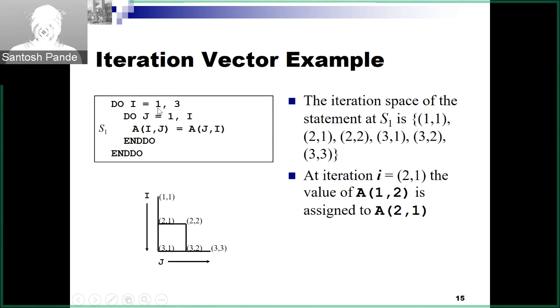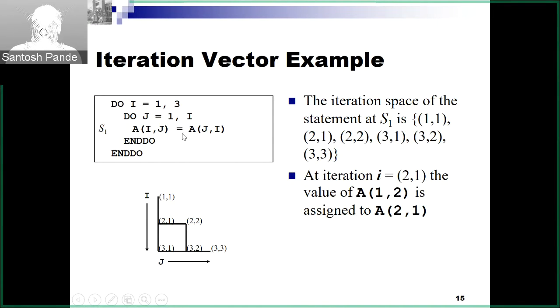Then we go back to the outer loop, and I will be equal to 2. And again, the J loop will be entered at J equal to 1. So (2, 1) will be the next iteration vector that will be spanned here. After that, J will again increment from 1 to 2.